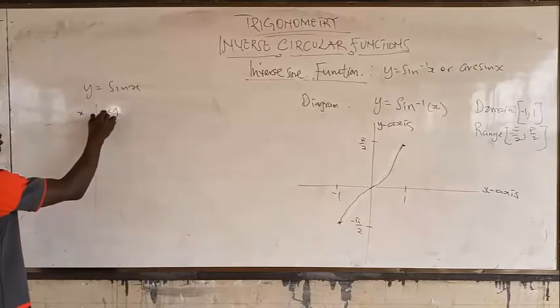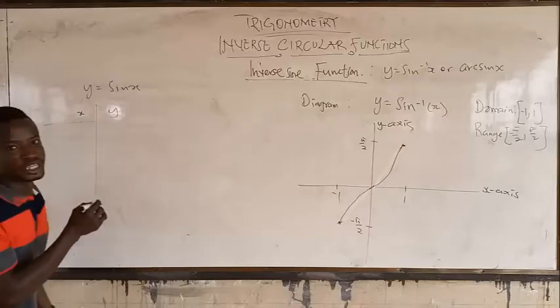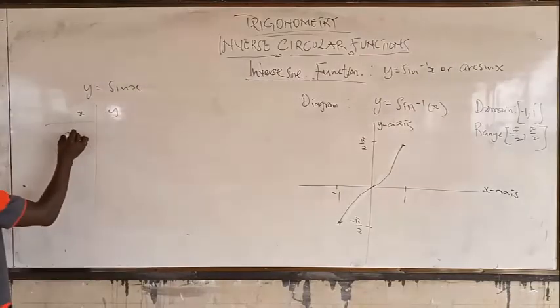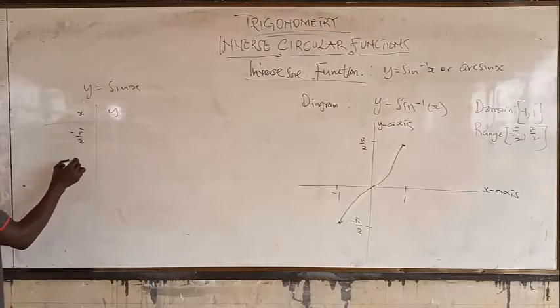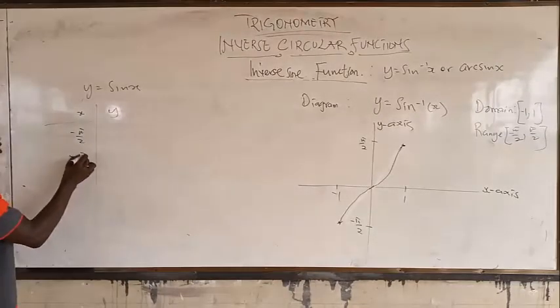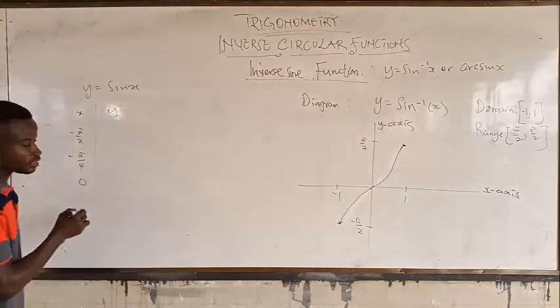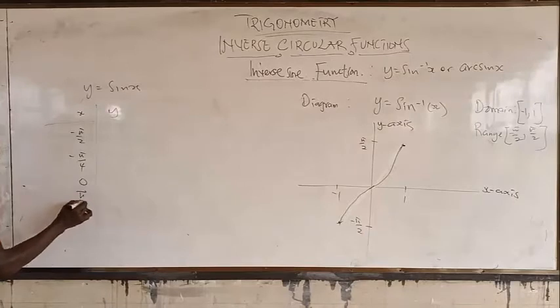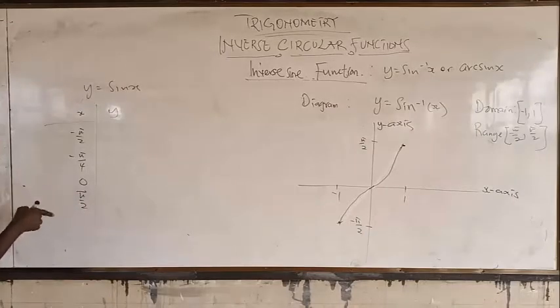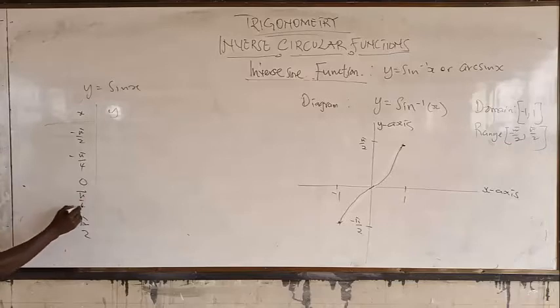We have x and then we are going to have y here. So with this, we start with negative pi on 2. Then we are going to have negative pi on 4. Then we get 0 here. Then we get pi on 4, then pi on 2. We are making an interval of 45 degrees, so we don't worry. So we do 45, then pi on 2, that's all.